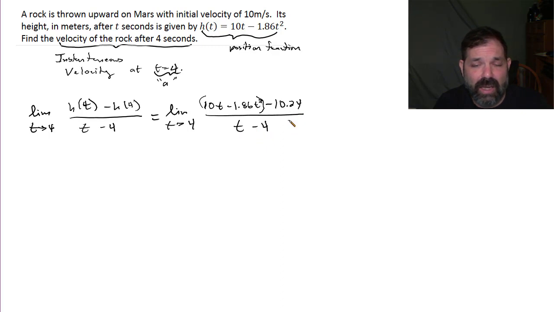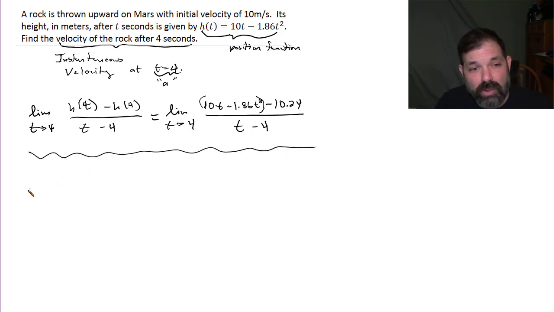Gosh, I don't know how to factor that. Okay, let's try the second approach. Maybe the second approach is better. All right, so the second approach would be then, this would be the limit with h approaching 0 of h of 4 plus, let's use a different letter here because I'm using h as the variable name for the function.